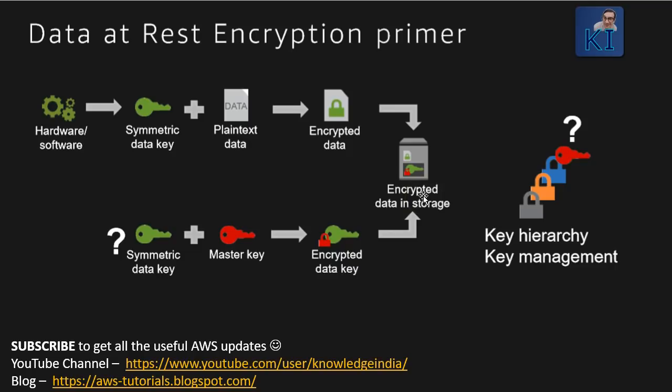Why is it important? It is important because later on, when this data needs to be decrypted, the system should get to know which key it can use to decrypt.